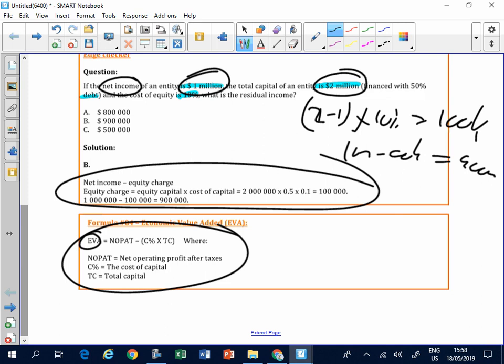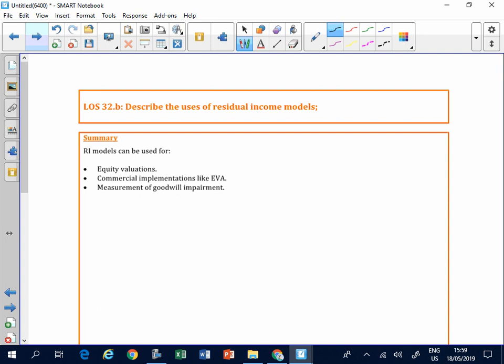In this example, that would be 2 million, and obviously your charge will be slightly lower than your cost of equity. Okay. Everybody with me so far? It could happen, but in a very short period.